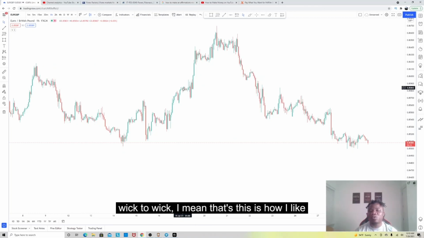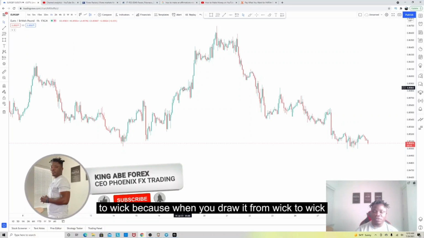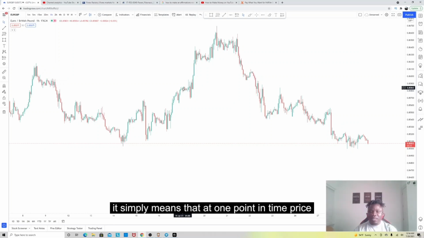This is how I like to draw my zones, because when you draw it from week to week, it simply means that at one point in time, price actually went to that zone before it closed below it.